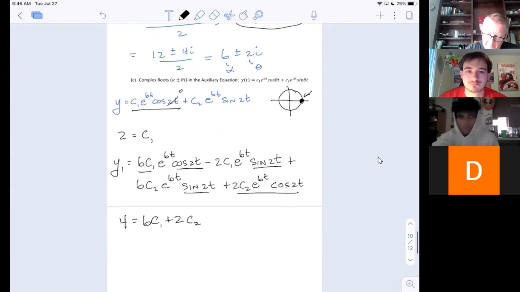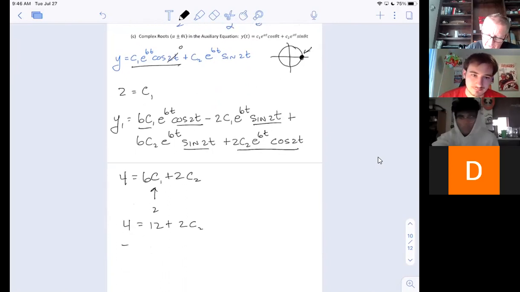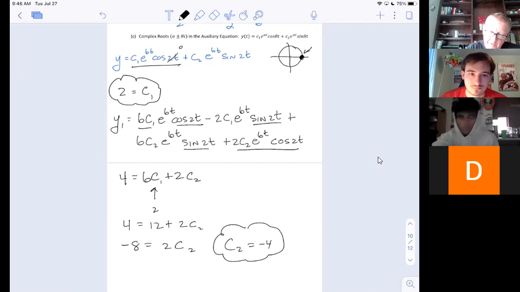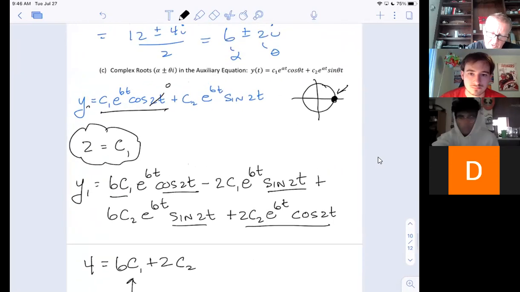But I know that C1 is equal to 2. And so then I think, okay, that'd be 4 equals 12 plus 2C2. If I subtract 12 over and divide by 2, I get C2 equals -4. So in the language that I said yesterday, you would say this is y general, or your family of solutions.